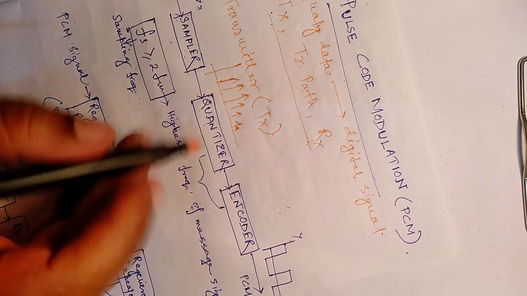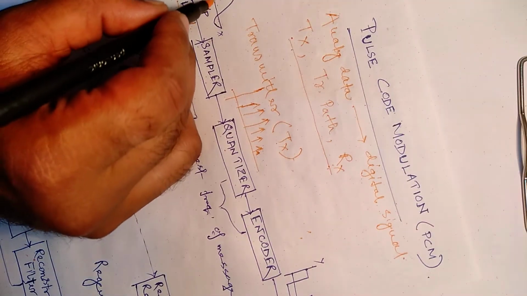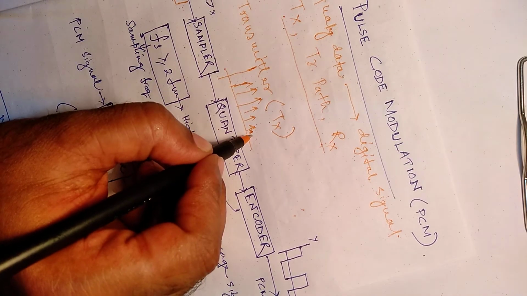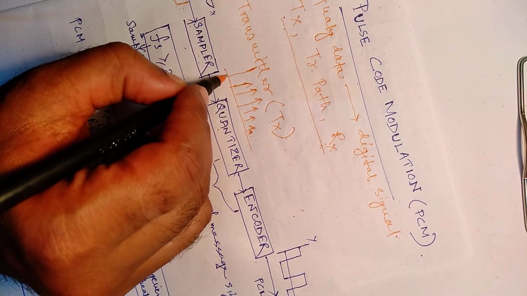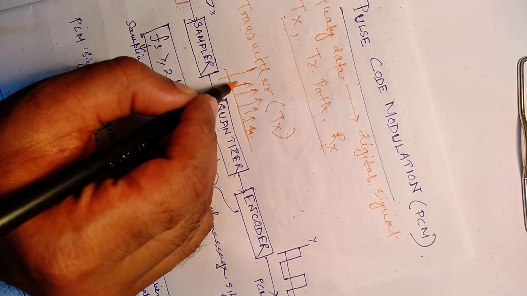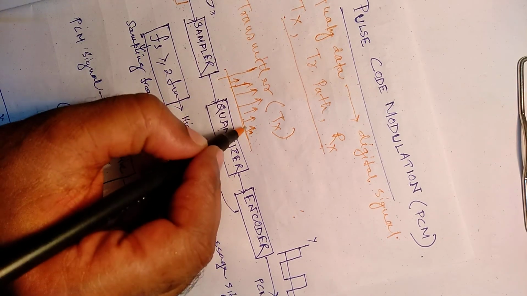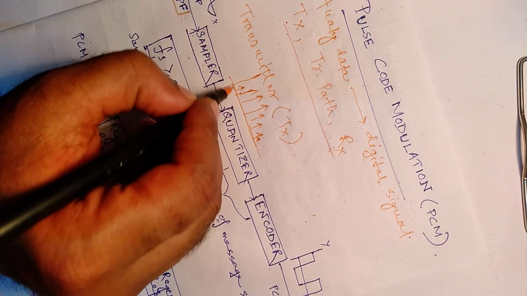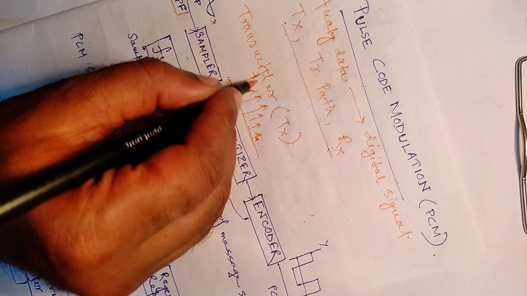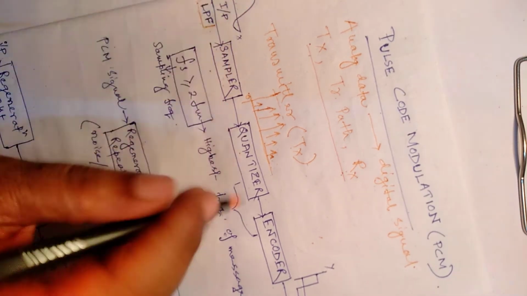Here you see this is my message signal, and after sampling it looks like this. That means here infinite number of amplitudes are there, but it has a certain value, that means from 0 to a maximum level. Suppose this is my max value. Clear?